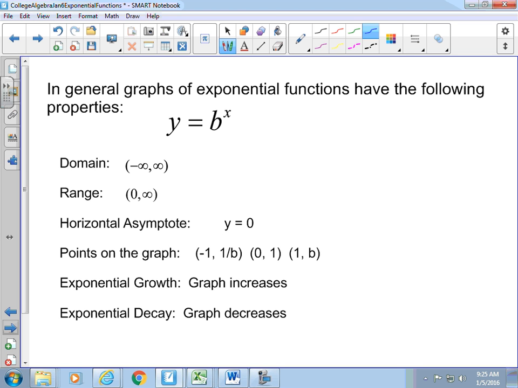Exponential growth is probably one of the most real-life applicable functions that you will see in this class. Does anyone know something that grows exponentially? You've probably heard the word before.